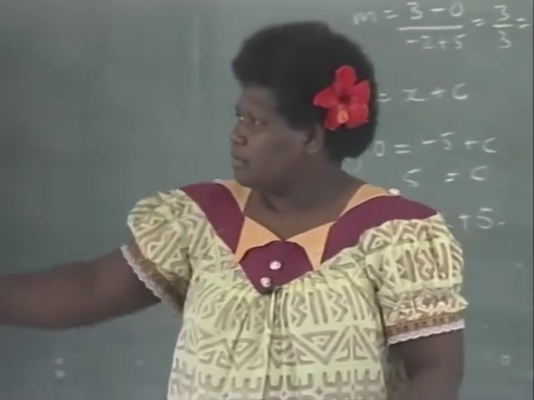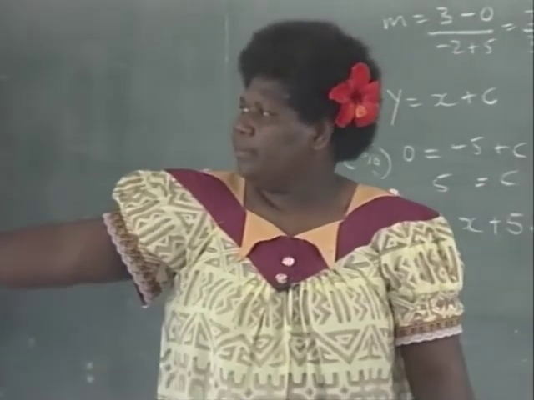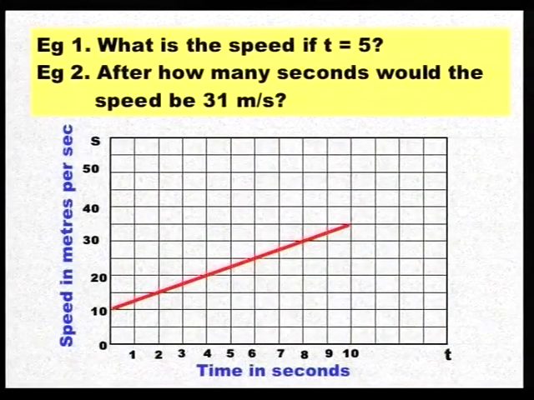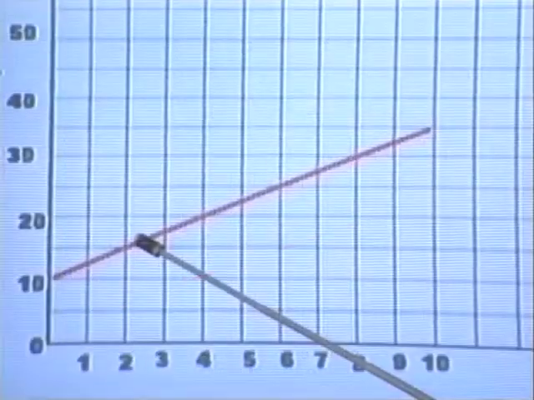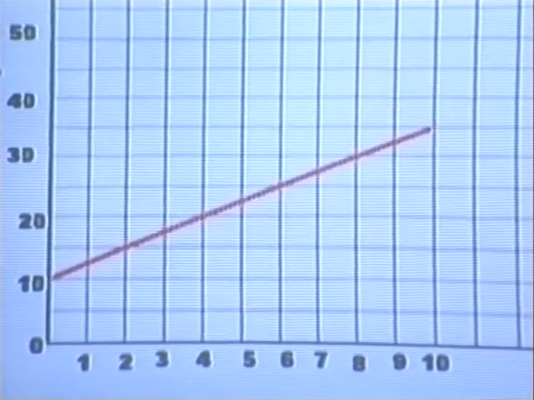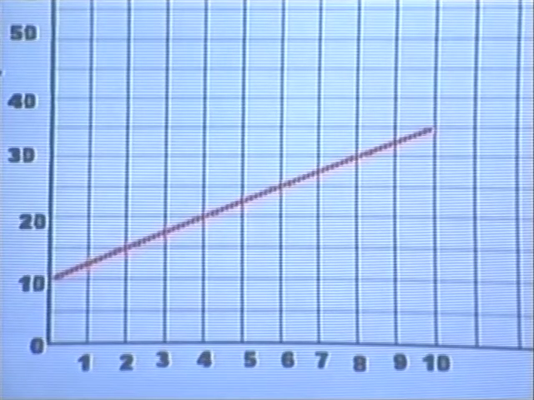Can you all see that? It might not be that clear on the graph. 2 seconds is here, and 16 meters per second would be just above the black line. Your graph should be a better one. Can you locate it?